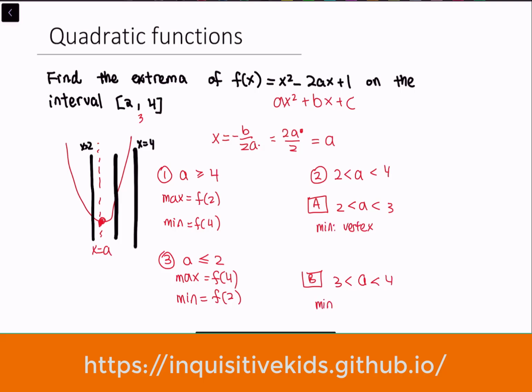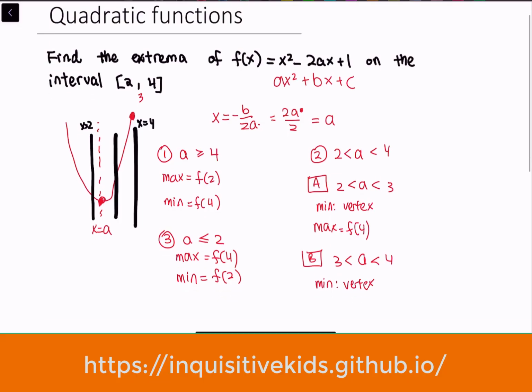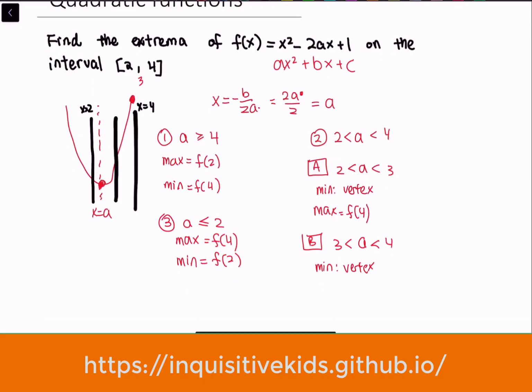It's actually true for both of these cases. All we have to focus on is the maximum value. On this interval, the maximum value would lie where f of x is equal to f of 4. So the max is f of 4. And the opposite is true for case B.